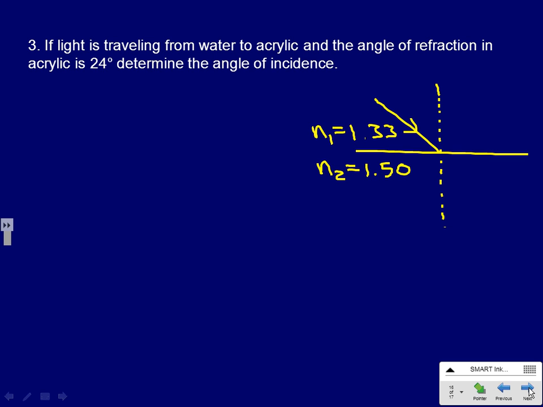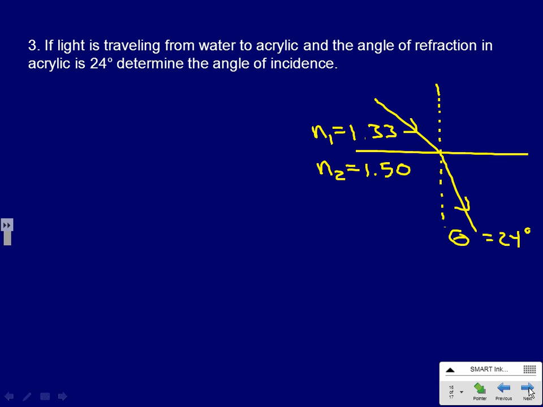And which way is it going to bend for our sketch? Towards or away from the normal? Towards the normal. Fast to slow, towards the normal. And the angle of refraction is 24 degrees. So this theta is 24 degrees down in here. And which theta is it?